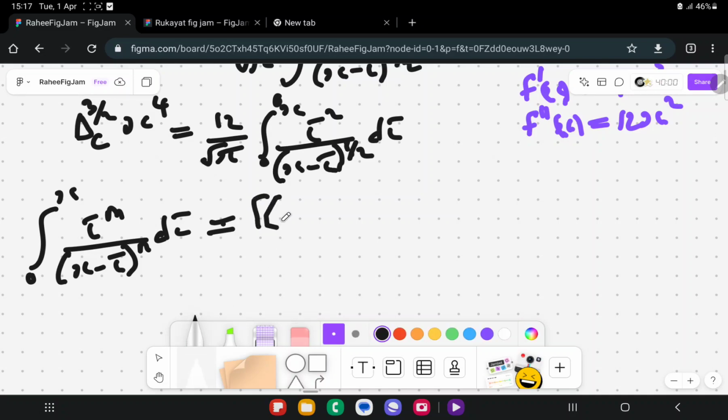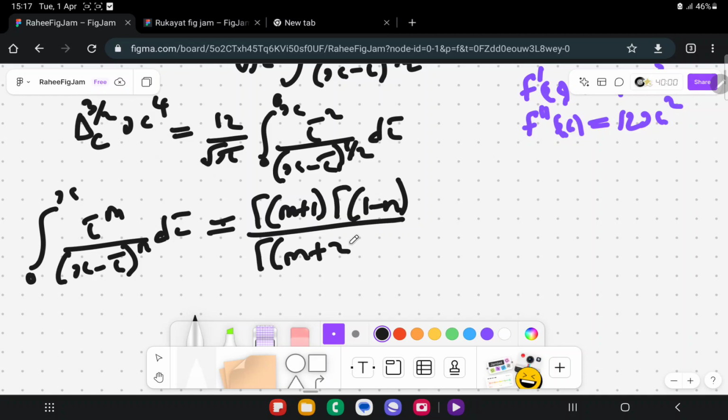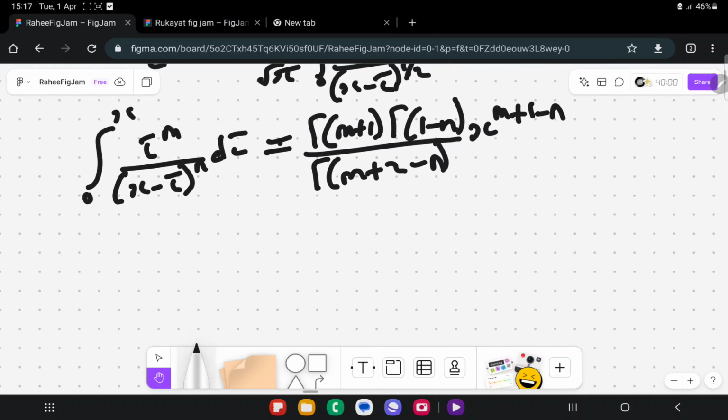So we have gamma of m plus 1, close the bracket, gamma of 1 minus n all over gamma of m plus 2 minus n. Then x raised to power m plus 1 minus n. Okay, that's what we have.